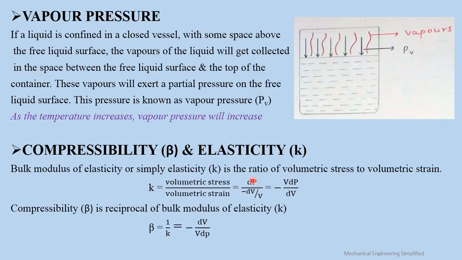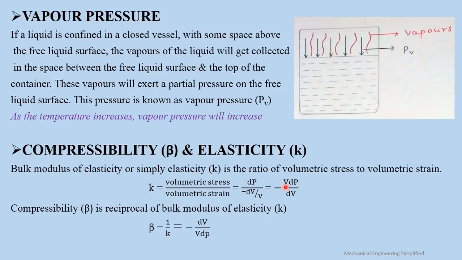See, if there is any volume and we apply some pressure, that change in pressure, the applied pressure, is the volumetric stress, and the change in volume per unit original volume is the volumetric strain.